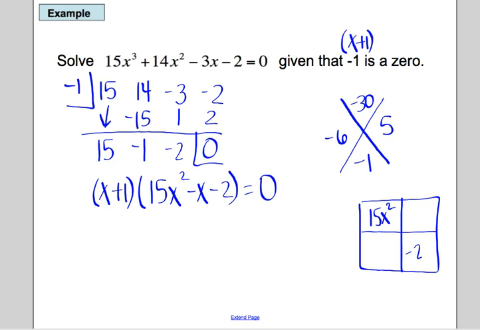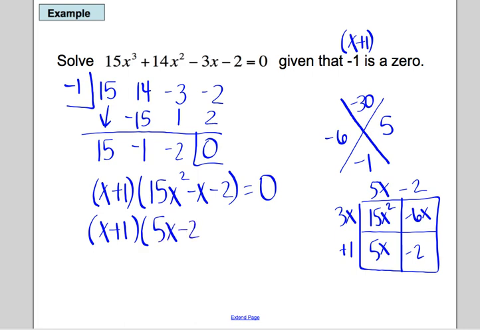So we get negative 6x and 5x. Now, 15x squared, we're going to need to break this up into 5 times 3. So I'm going to put the 5 on the top and the 3 on the side here. And we end up with negative 2 and positive 1. So there are our factors. We've got 5x minus 2 and 3x plus 1.